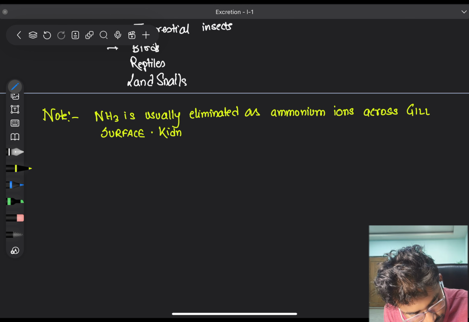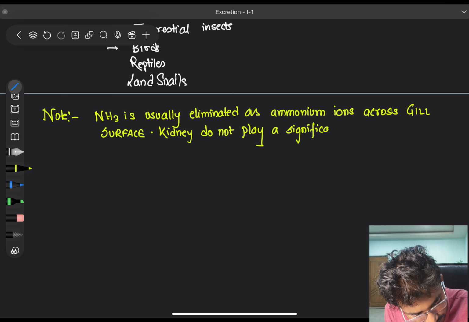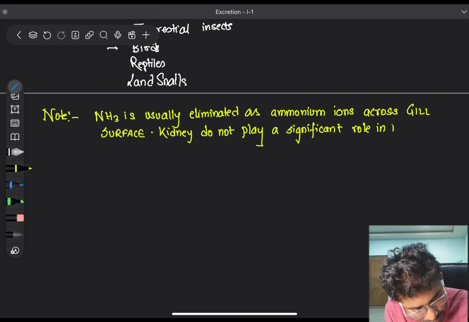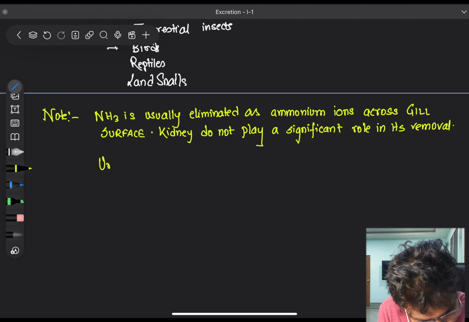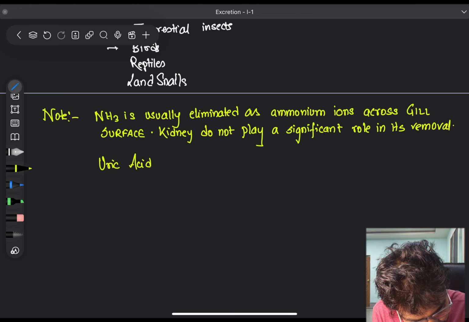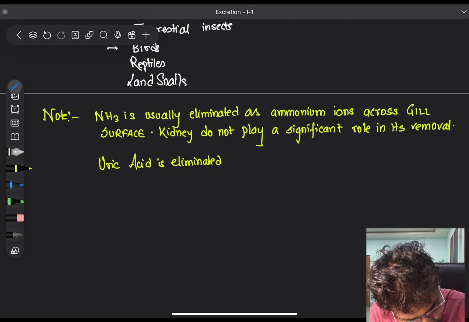Kidneys do not play a significant role in its removal. Uric acid is eliminated in the form of pellet or paste.